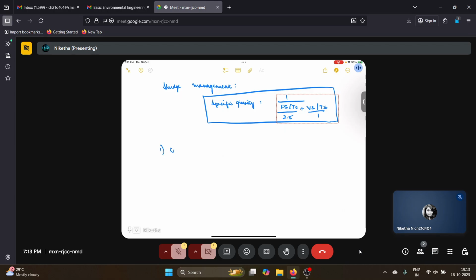And to concentrate the sludge, that's the first step in sludge management. First we have to concentrate the waste. So this can be done using gravity thickening and flotation.